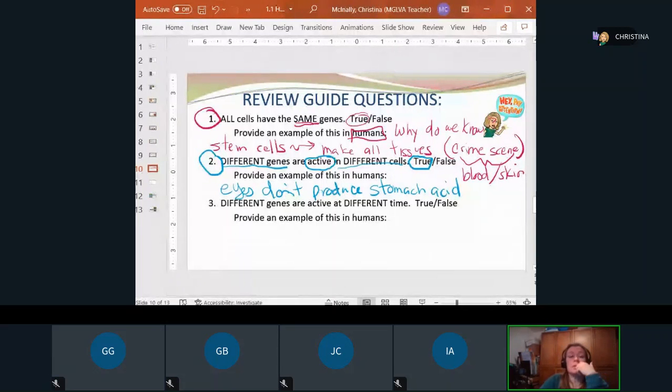Other examples. Let's see. You wouldn't need your nerve cells to make melanin. Hey, what's melanin? Anybody know? Pigment stuff. Good.